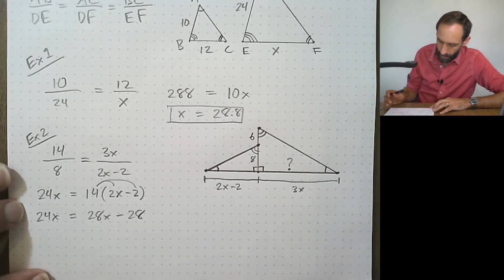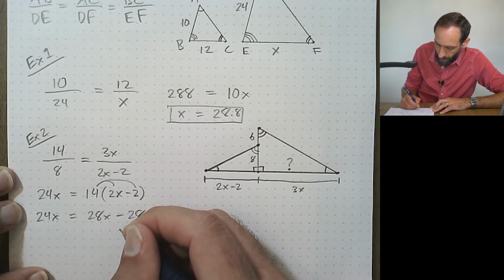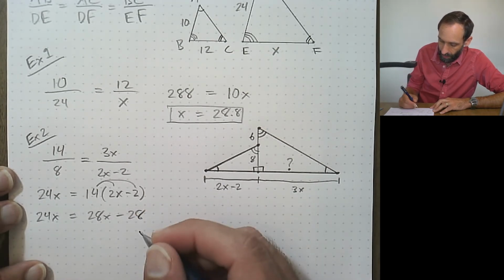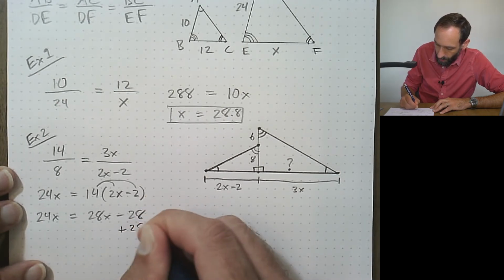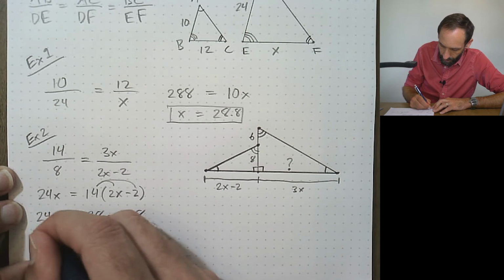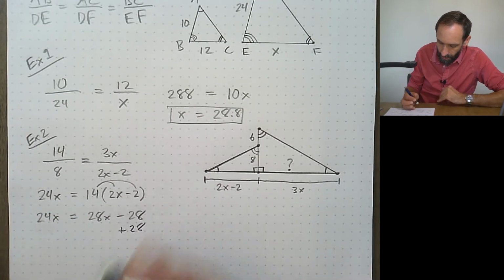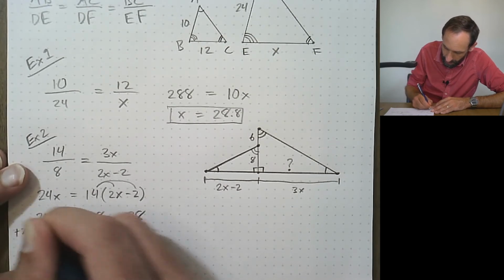So now we want to get x by itself, basically. You might be able to see what x is going to be just by looking carefully at this equation, but I'm going to go through the steps. I'll add 28 to both sides. Actually, I should write that more off to the side because I'm going to do both steps at once. So I'm going to add 28 to this side as well.